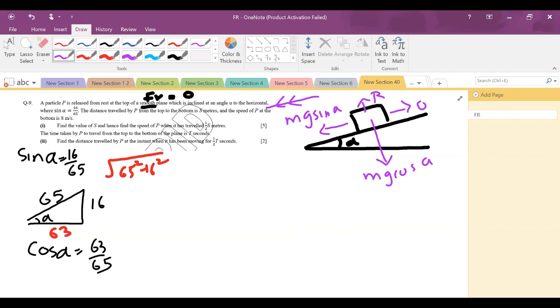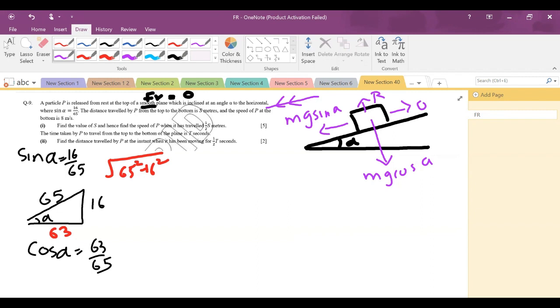Okay, अब find क्या करना है? In part 1 it says find the value of S. S है क्या? Top से point P तक आने का distance. A particle P is released from rest at top, which is inclined at an angle alpha to the horizontal. The distance traveled by P from top to the bottom is S meters. Okay, so the total distance is S meters.